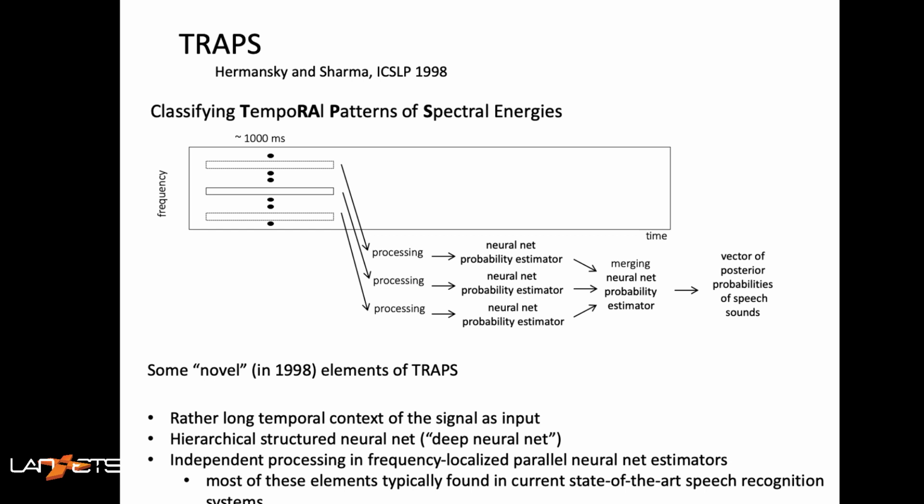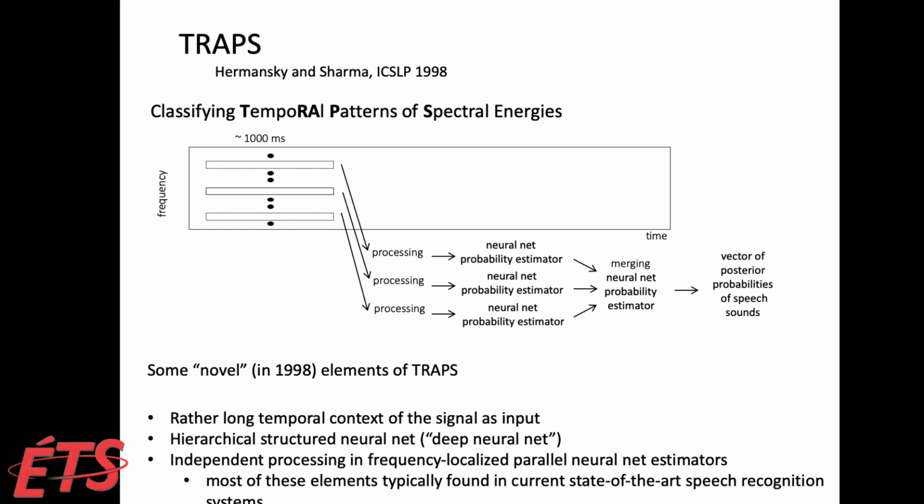Next step was that we started to be interested in the temporal domain in general. We started playing with things like how much I can recognize from the long segments of the spectral energies independently fed into the processing. So this is like a poor man's TDNN in some ways.